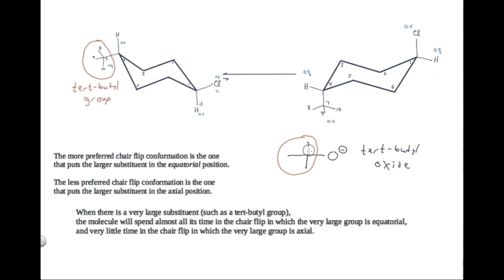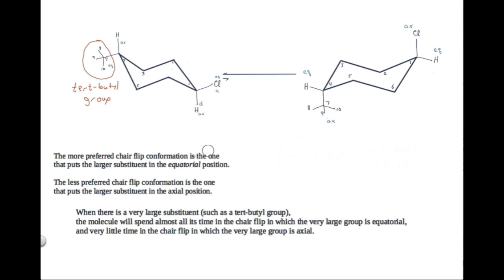Tert-butyl oxide contains a tert-butyl group connected to O-. This molecule contains a tert-butyl group that is not connected to O-, that's just connected to the ring. So this is not tert-butyl oxide, but it does contain a tert-butyl group.